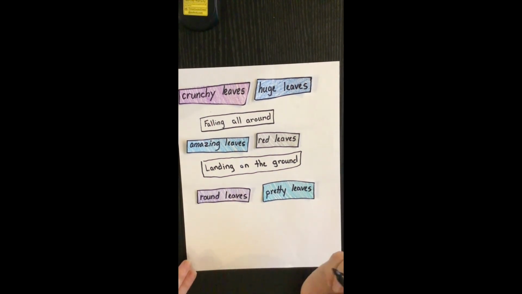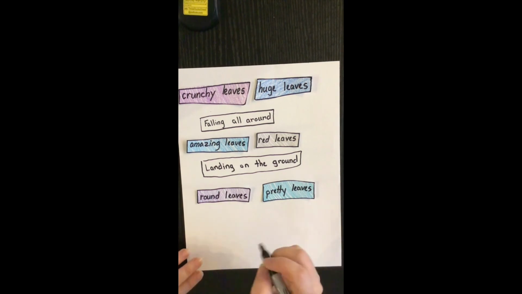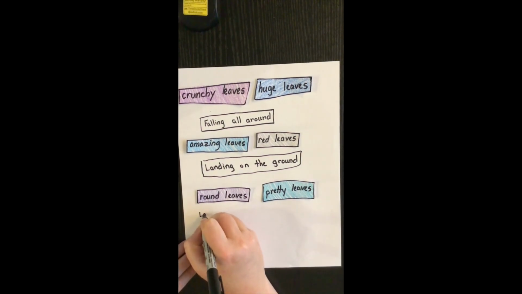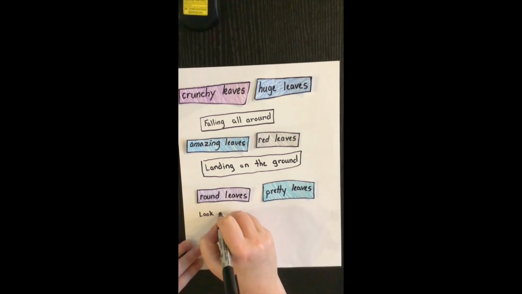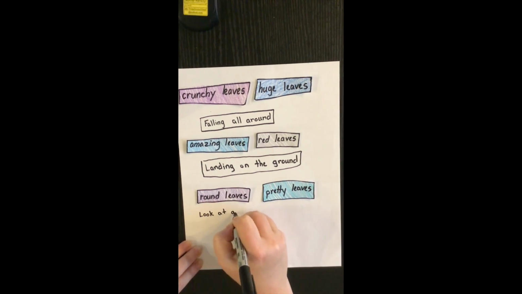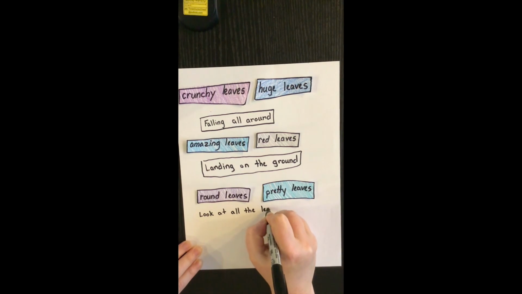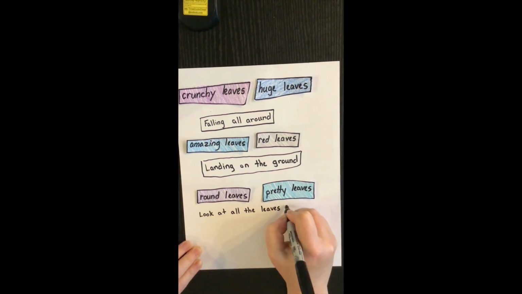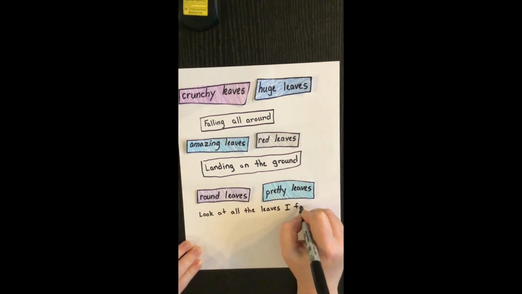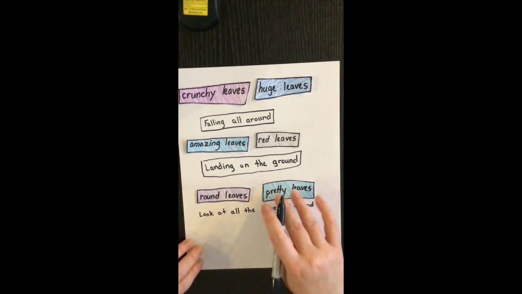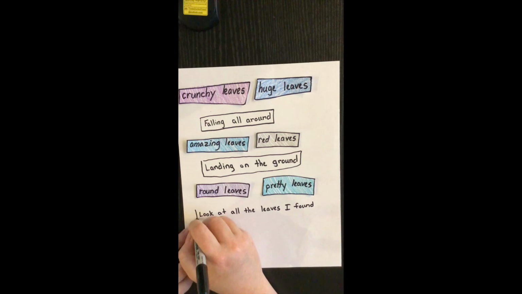I could put something like, look at all the leaves I found. Look at all the leaves I found. All right, and then I need to make sure that I draw a box around this too.